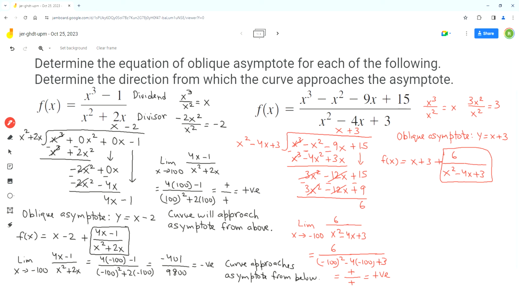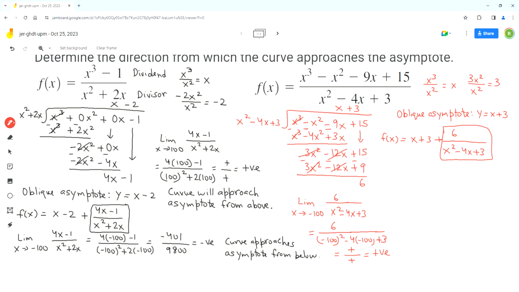So that means on the left side of the x-axis, the curve approaches the asymptote from above. So we can write the conclusion. So the curve approaches from above.